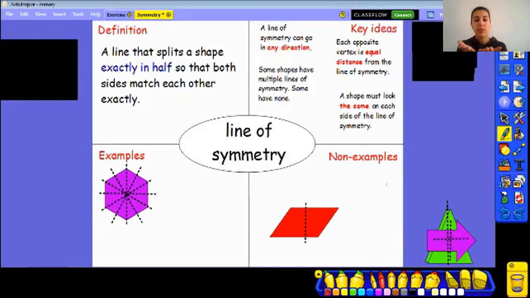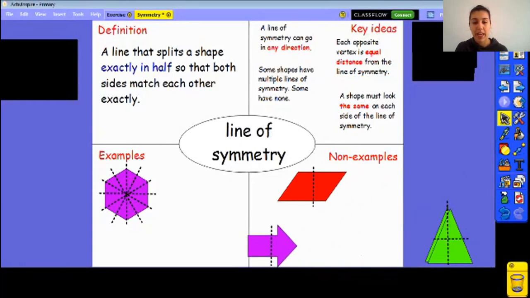If I folded that shape on that line, would it match up exactly? No, it wouldn't. And I can tell that because this vertex here and this vertex here are opposite each other, but they are different distances away. And you can see here, this is a very short distance and this is a very long distance away from our line. So that is not an example of a line of symmetry.